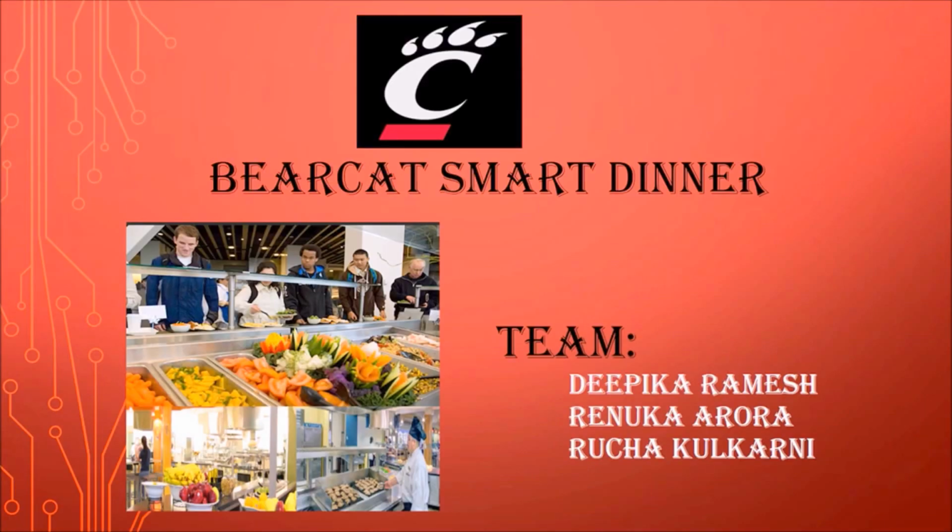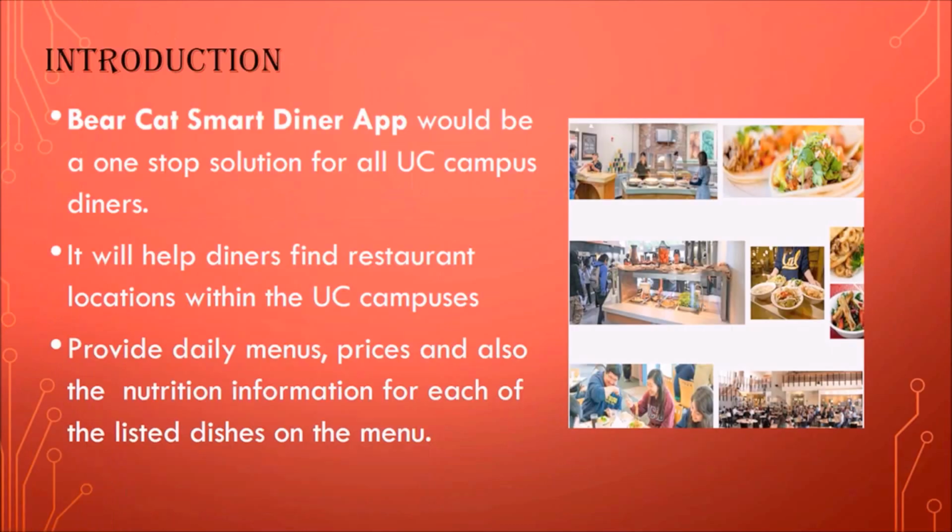Bearcat Smart Diner app provides all the food related information within the UC campus. It is supposed to be compatible with Android as well as iOS devices. Let us look at the introduction part of this application. Bearcat Smart Diner app would be a one-stop solution for all UC campus diners.